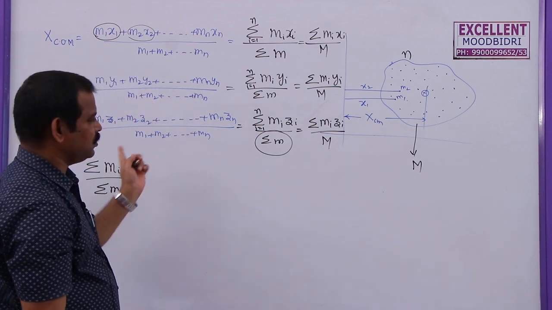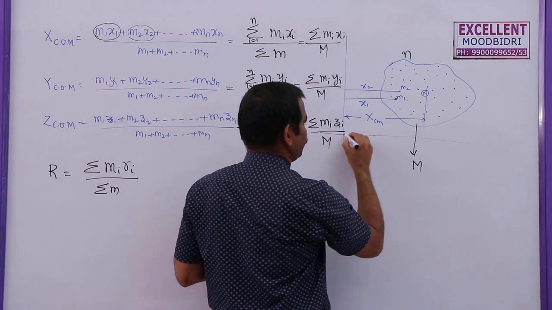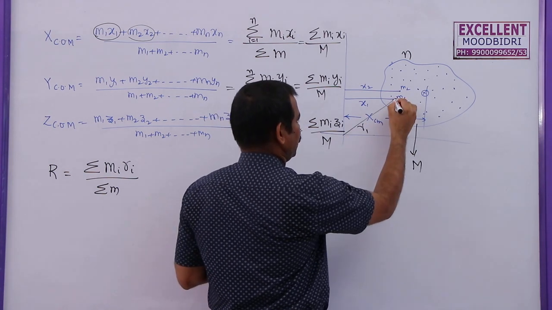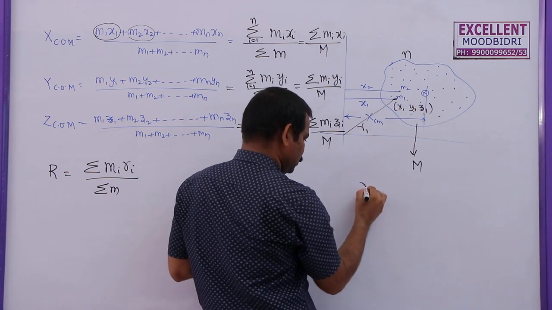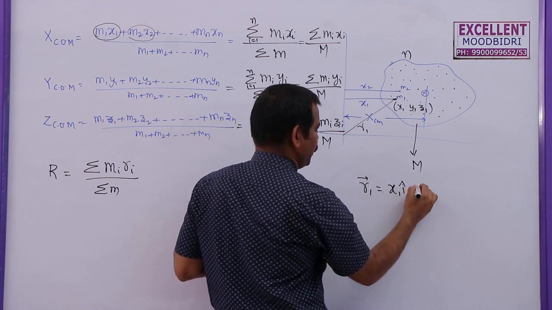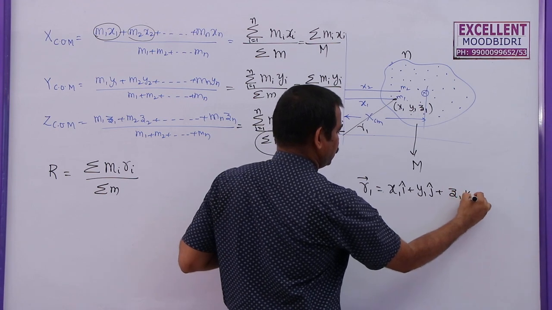But what is this position vector? We know that the position of any particle is given by a position vector, which is given by r. So, if it is r1, this r1 is nothing but x1, y1, z1. So, r bar can be written as x1 i cap, y1 j cap, z1 k cap.